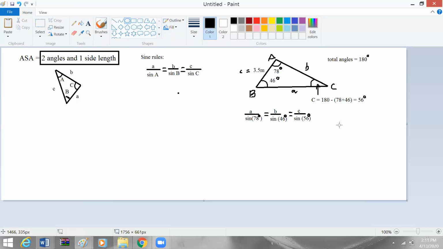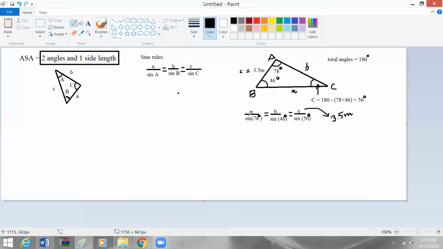Now all we need to do next is convert them into the side lengths for that part. We know that c in this case is 3.5 meters. I need to solve for a, the two lengths I'm looking for.